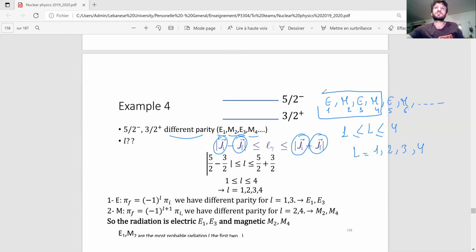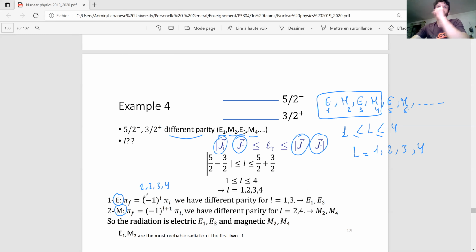You can say it directly, but we have to prove it by calculating the conditions of E and M. In the case of E, for each case I have to put L, where L equals 1, 2, 3, 4.